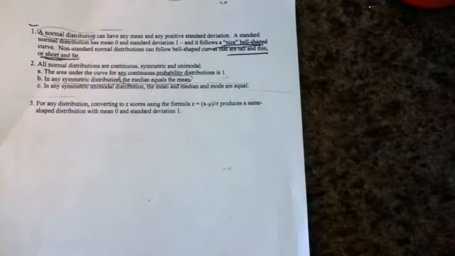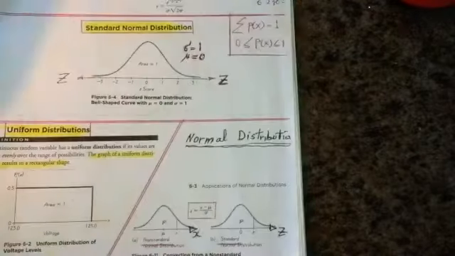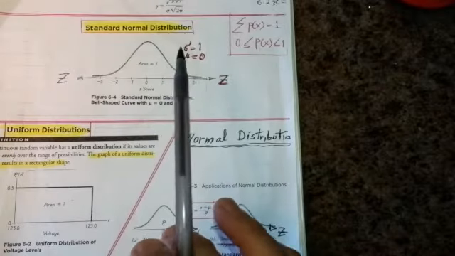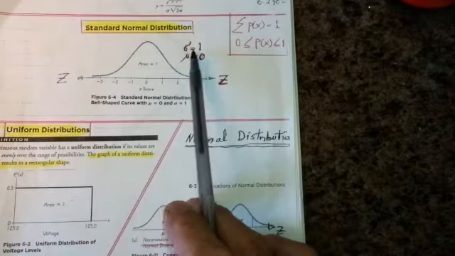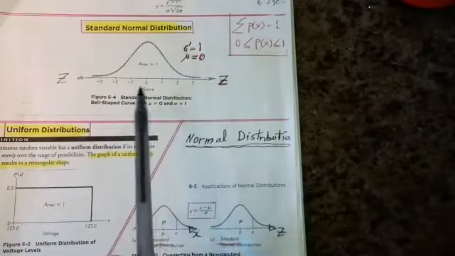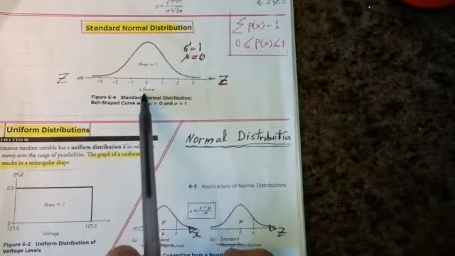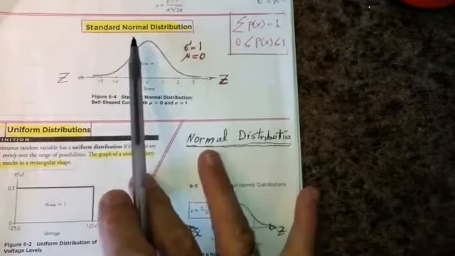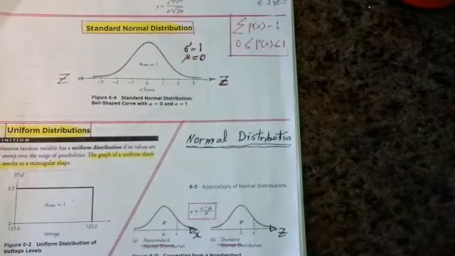So here we are talking about the normal distributions. The normal distribution curve is a bell-shaped curve. We see that on the next pages too. There is a special curve that always has a standard deviation of 1 and a mean of 0. This is the type of curve that table A2 is based on, and they call it the standard normal distribution.